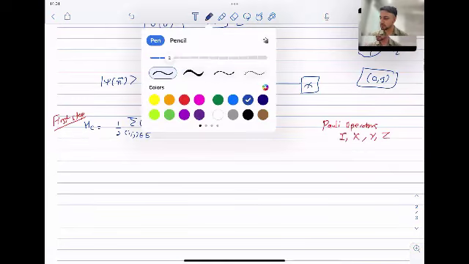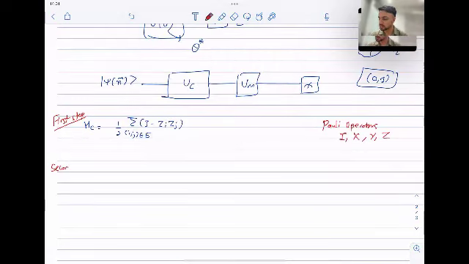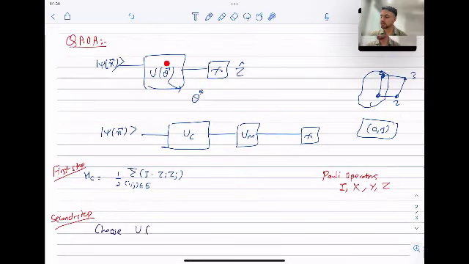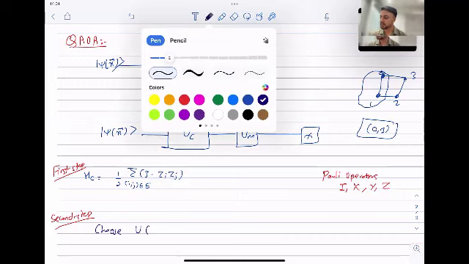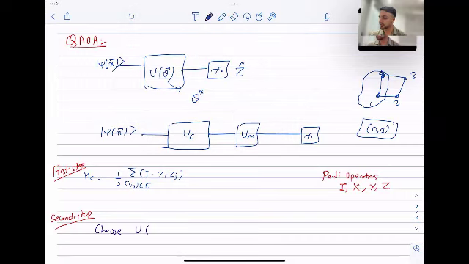The second step is choose your ansatz. Choose U of theta. What U of theta are we going to use? This is, let's say, a hyperparameter. Just like in a neural network, what is the architecture of my neural network going to be? Is it going to be a deep neural network where all of the nodes are fully connected?